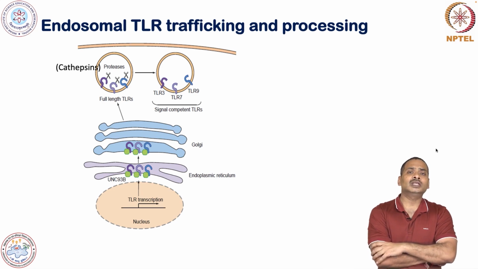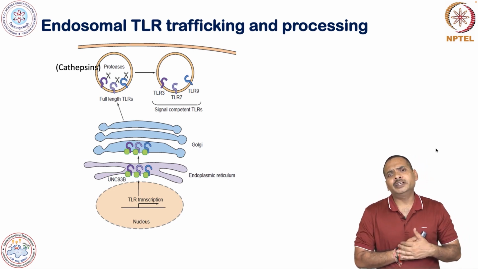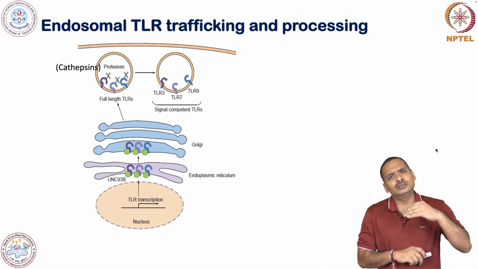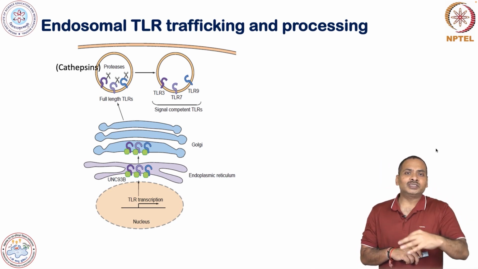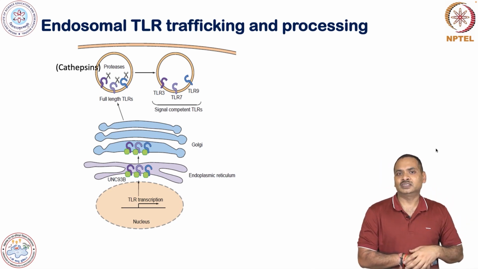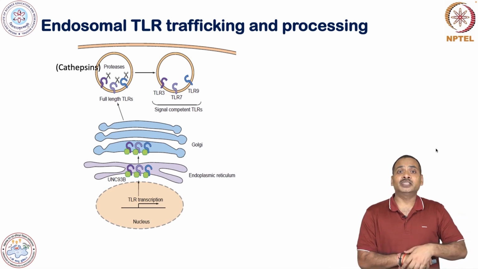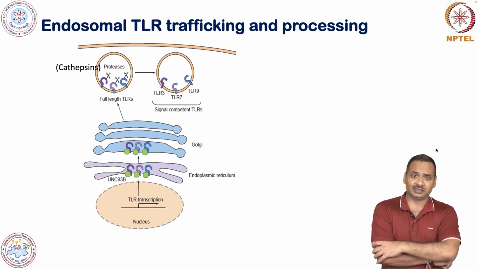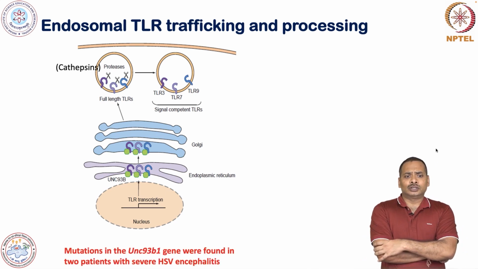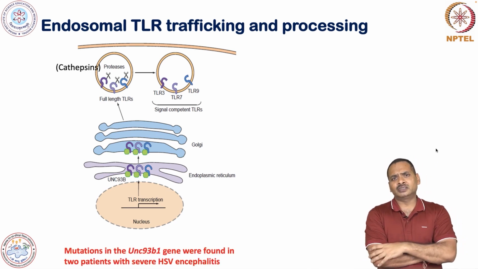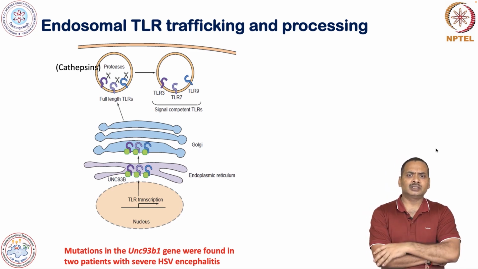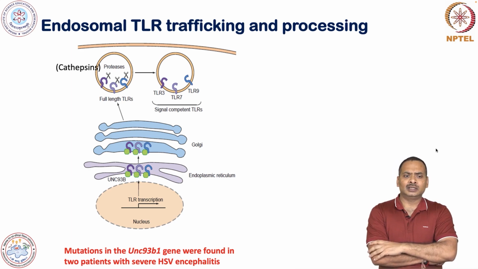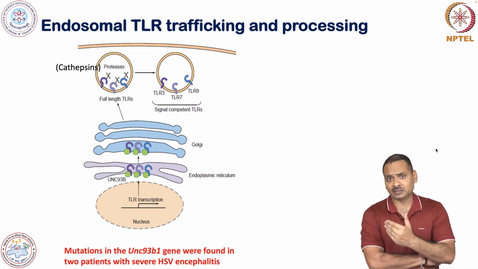And I think I have explained that these TLRs do not sense the PAMPs directly. Before sensing, they undergo proteolytic cleavage by a family of proteases, which we call cathepsins. If there is a mutation in this molecule, UNC93B1, then severe HSV encephalitis will happen.